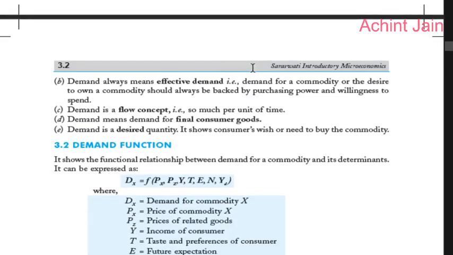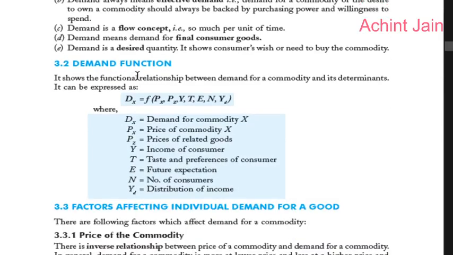The next feature is that demand always means effective demand. How can we say the demand is effective? If you as a consumer want to purchase a certain product, then you have the willingness and the purchasing power, that is, the money to spend on your desire. So demand always means effective demand.